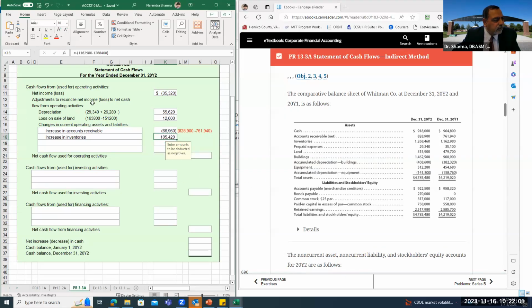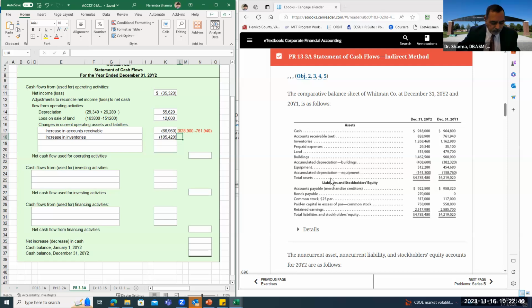In order to get a minus, this will be equal to 116,290 minus 126,800, which will give me a minus of 105,480.